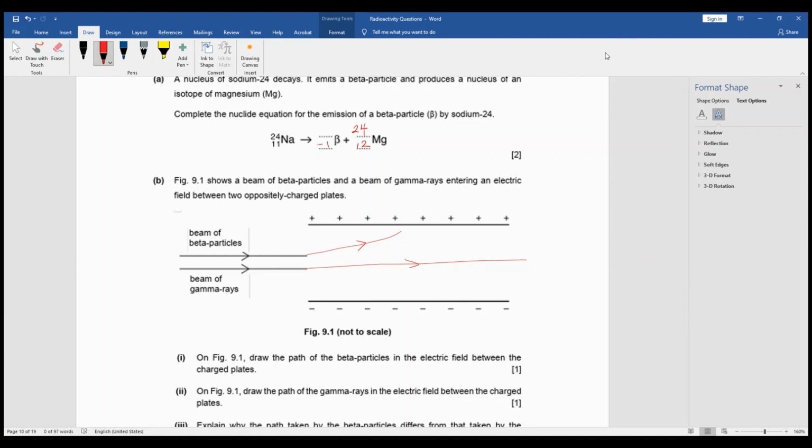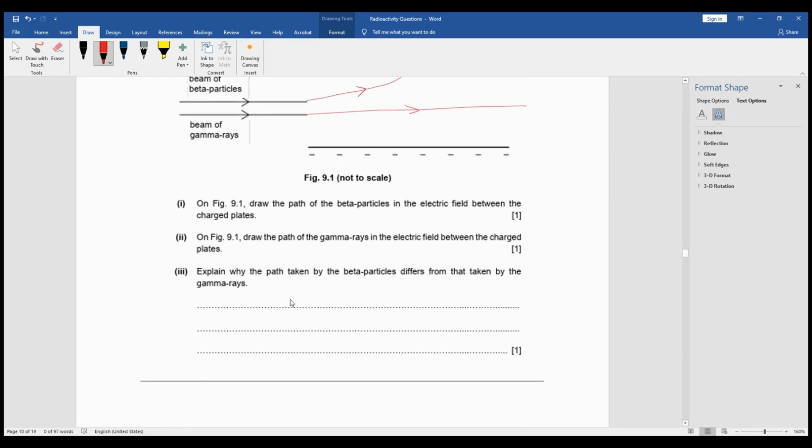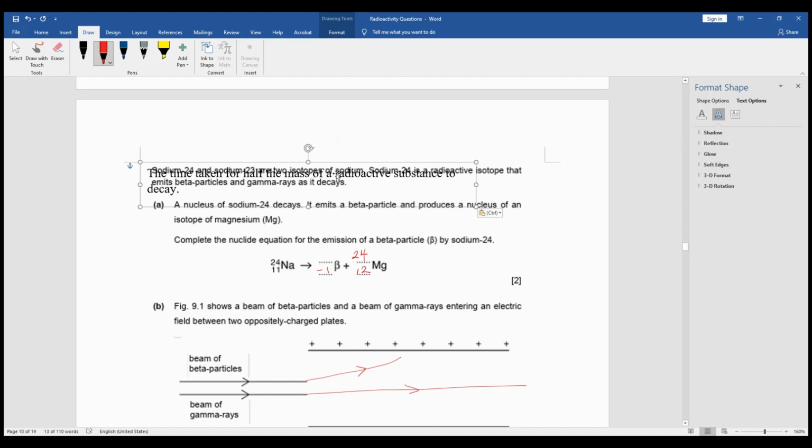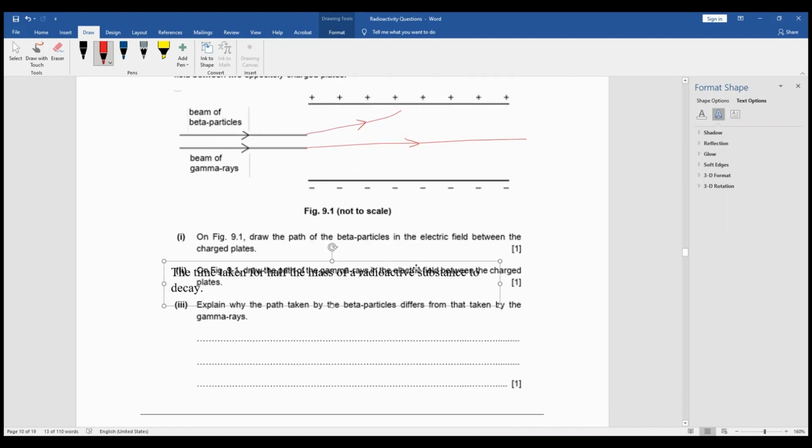That's 2 marks. Next. Explain why the path taken by the beta particles differs from that taken by the gamma ray.